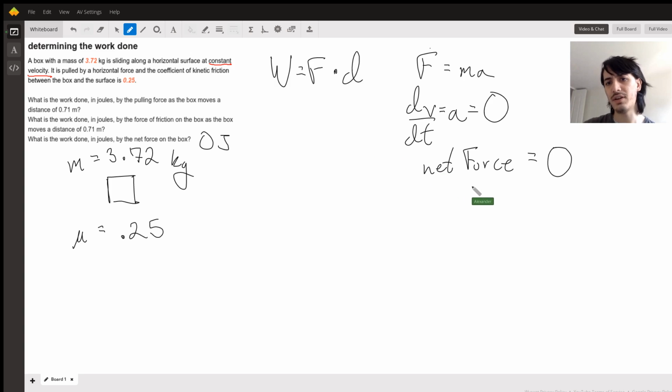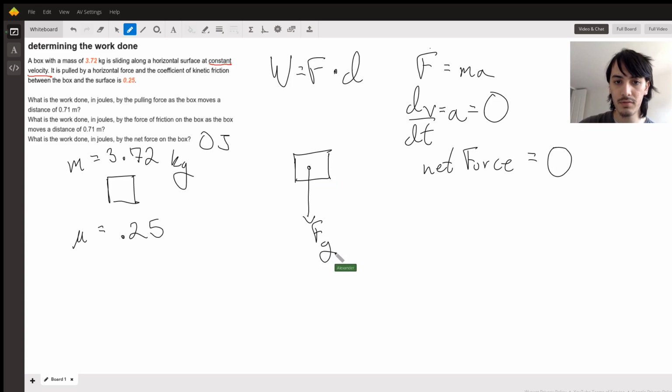But we also need to know this in order to solve for the actual value of the forces in this problem. So we'll draw a free body diagram of the box. So it'll of course have some gravitational force. There will be some normal force up that's equal to the gravitational force, the pulling force, and the frictional force opposing the motion.